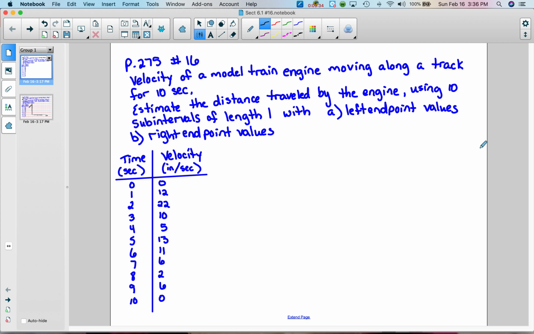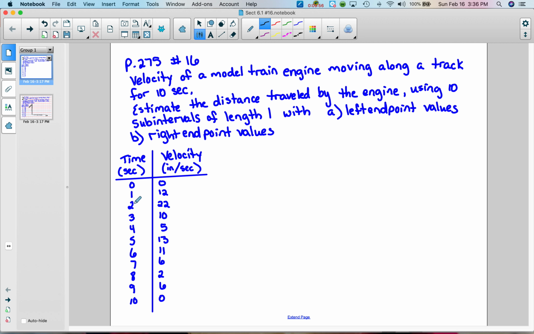And first we're asked to do it using left endpoint values and then with right endpoint values. So just to kind of see what's going on, when the train starts at 0 seconds, it's going 0 inches per second. 1 second later, it is now going at 12 inches per second.